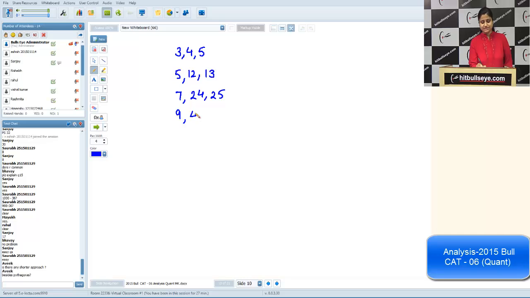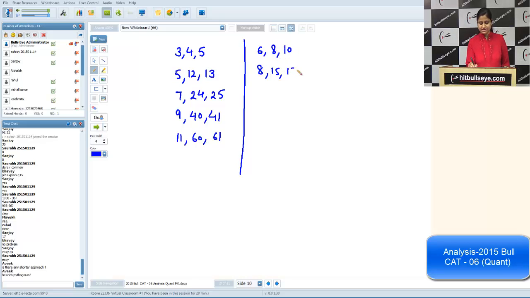With 9, it will be 9, 40, 41. With 11, it will be 11, 60, 61. And with 6, 8, 10. With 8, 15, 17. With 10, it will be 10, 24, 26. With 12, it will be 12, 35, 37.